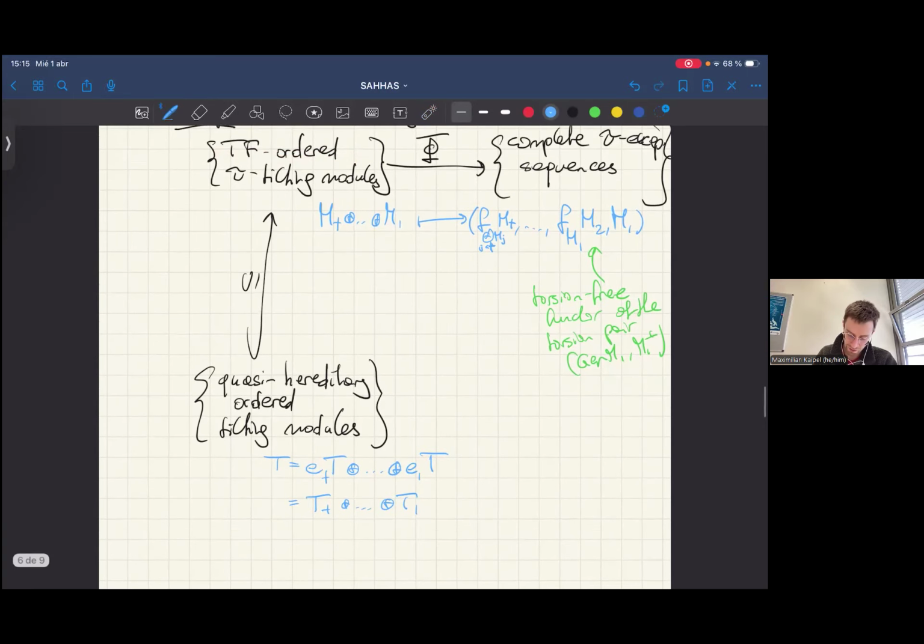And then let's look at what this bijection now does. Well, it sends this, surprisingly, to the following. It sends this to the sequence T1, and then one realizes that this is actually a sequence of submodules. So T1 is a submodule of T2 and so on. And all that you send this to then is just T2 quotient by T1, which is well defined because they're submodules, and then Tt modulo T(t minus 1).